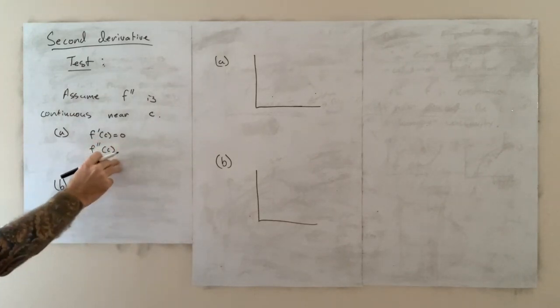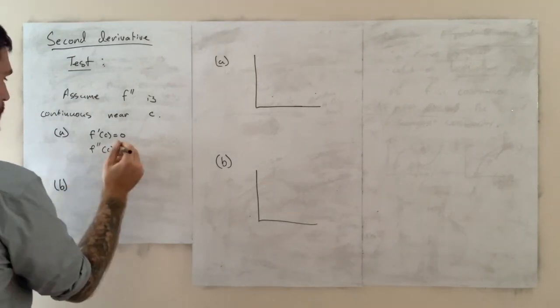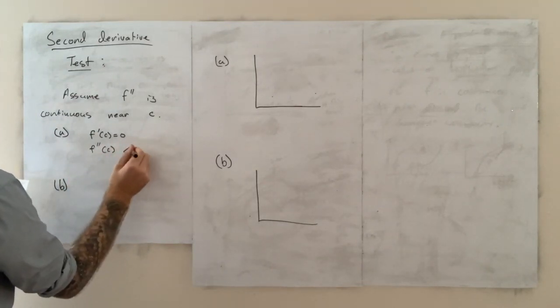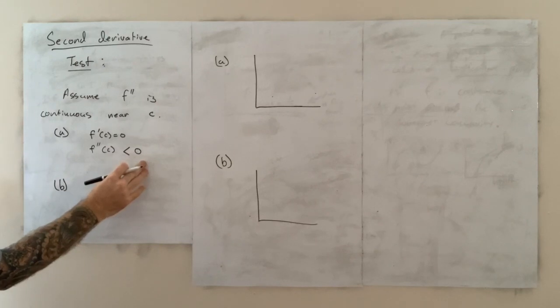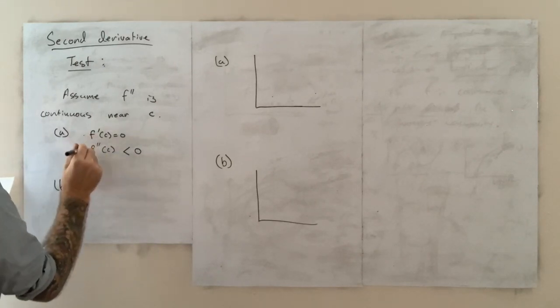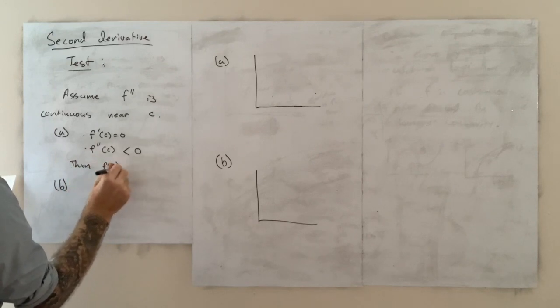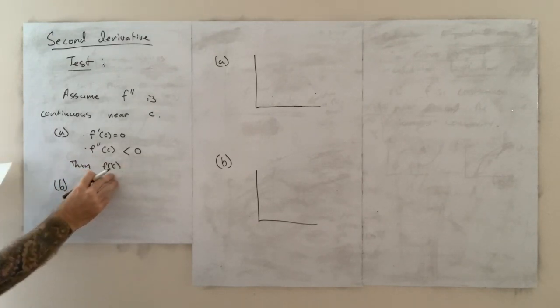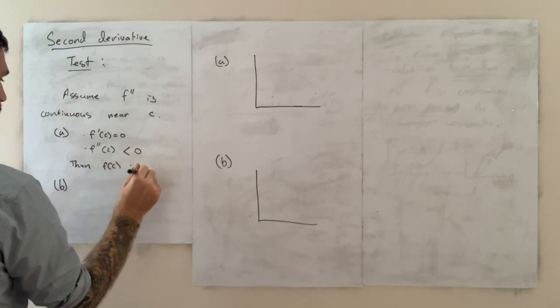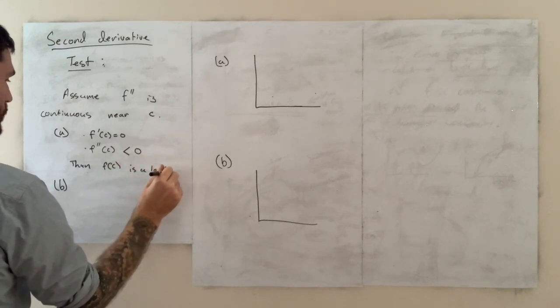Our second derivative is smaller than 0, so these two things, then our function value at c is a local max.